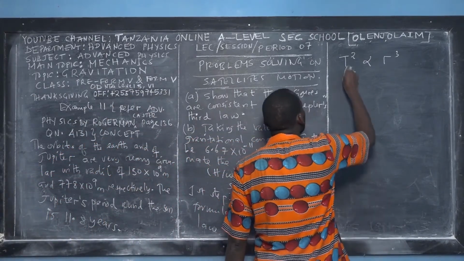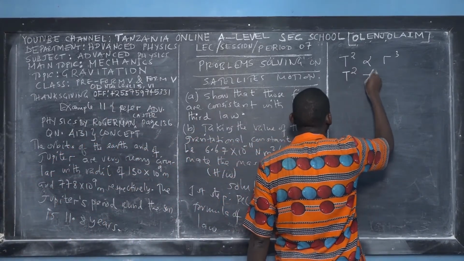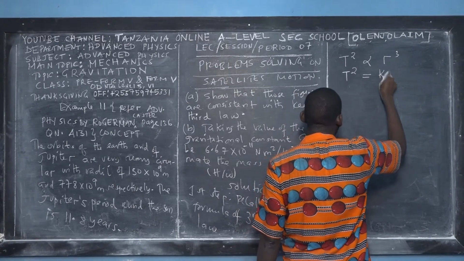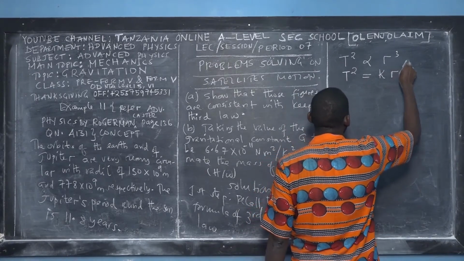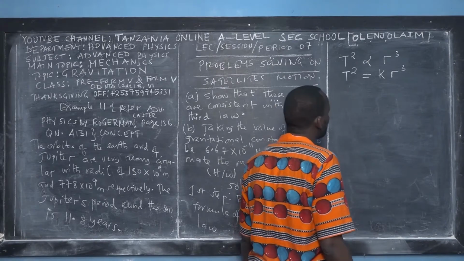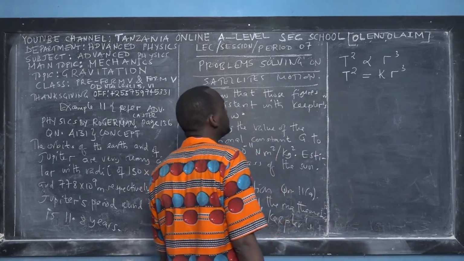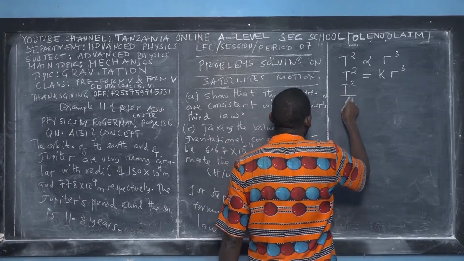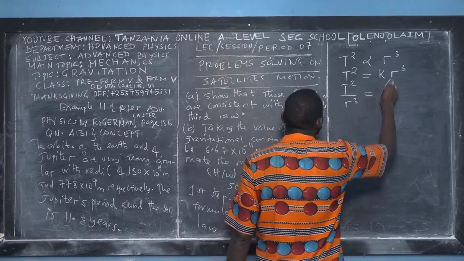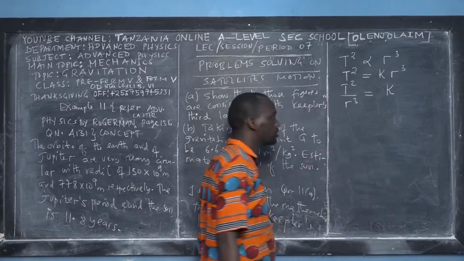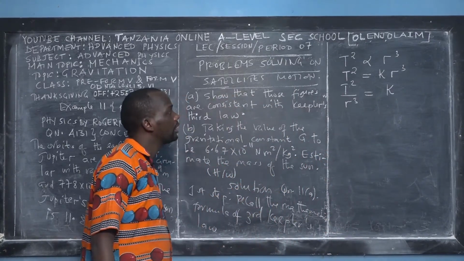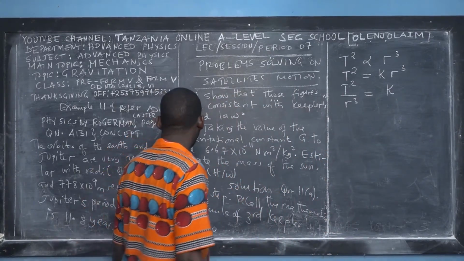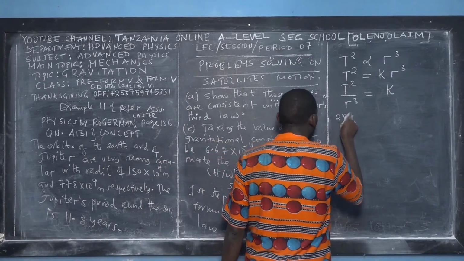If we want to write this law in mathematics, we have the proportionality constant K, then R cubed, where R is the radius of the orbit. So again, the square of the period over the cube of the radius gives us Kepler's constant.